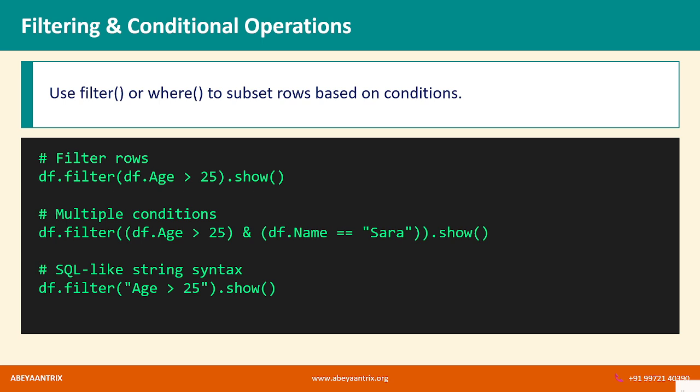So this is a SQL-like string syntax. In SQL you provide the conditions, right? The same thing you are giving here, not based on the data frame. You can give it like this also, but don't get confused about this SQL-like string syntax. Just go with the normal things, df.age, df.age, df.name, like this.